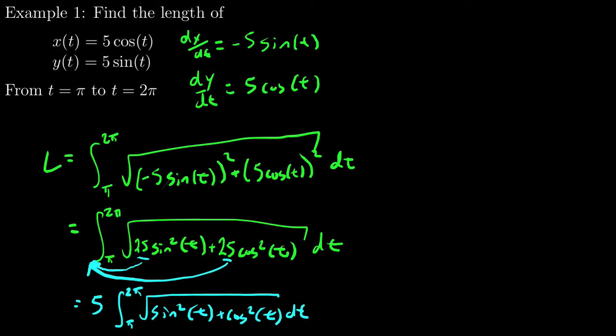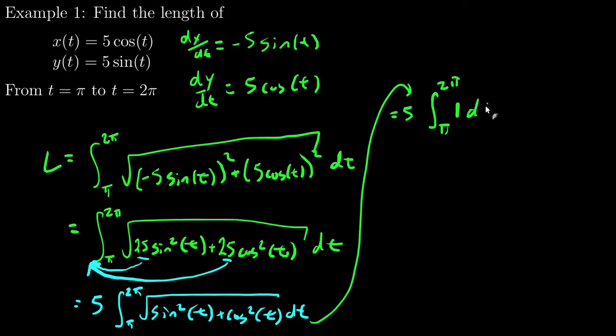And again, if you are allowed a decimal and you don't remember how to get through this, you could just type it in the calculator. But I do remember that sine squared plus cosine squared is 1. So this gets us to 5 times the integral from pi to 2 pi of the square root of 1, which is just 1.